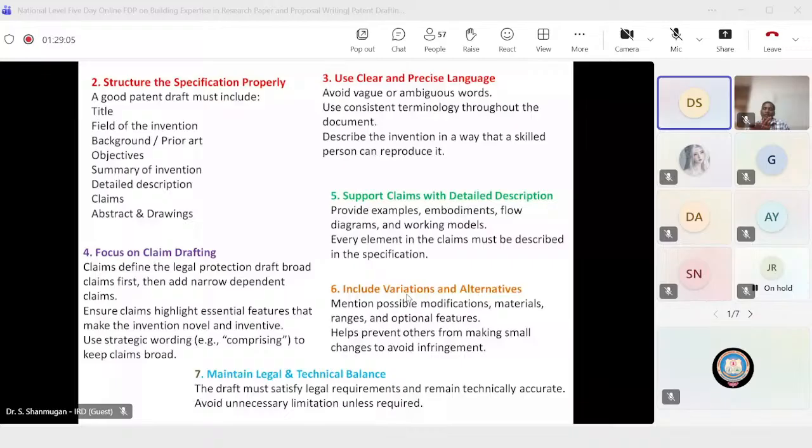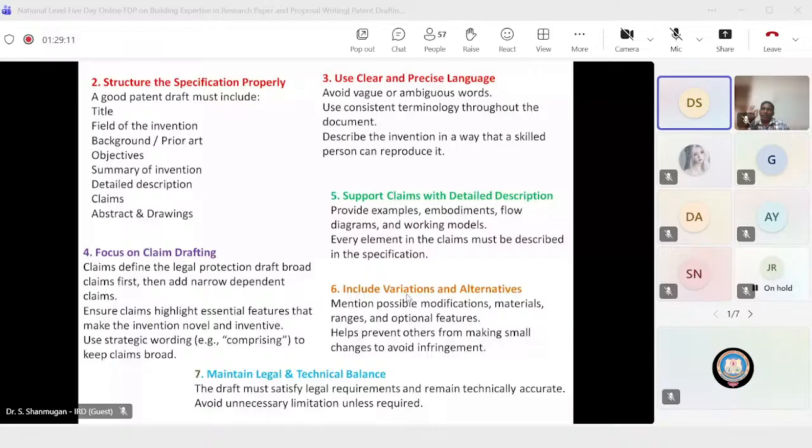Okay, the fifth point is support for claims and a detailed description: step by step, explain how it works, based on the working model and elements, and describe and add some specification also.